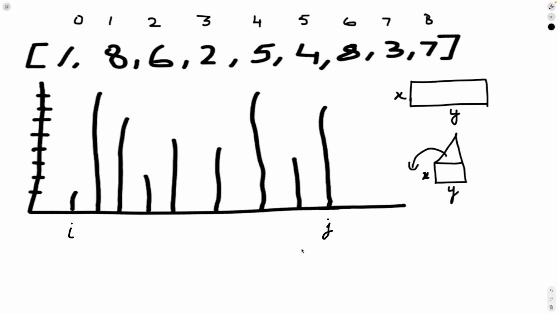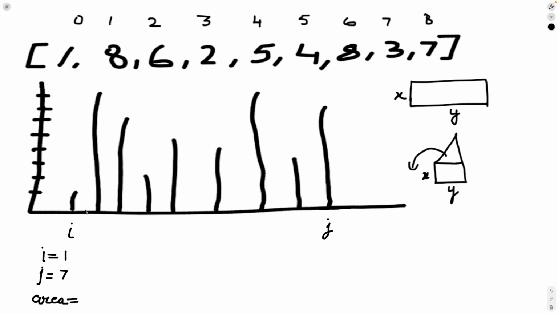Now if you see for this example, my I is 1, and my j has the value 7, and I will keep a variable area which will have the area for this.